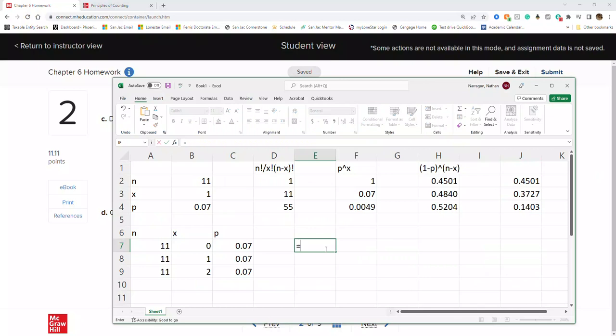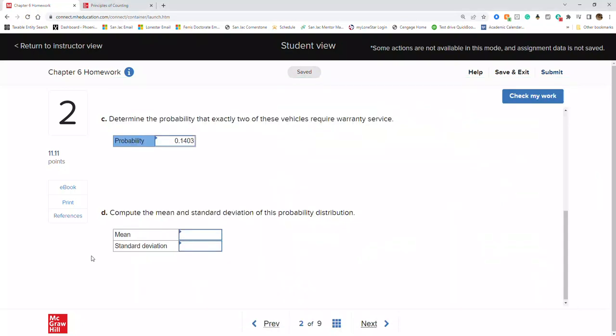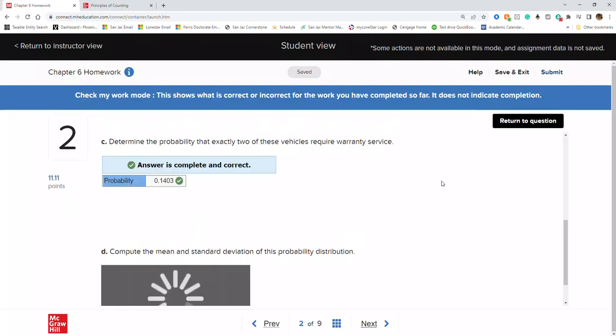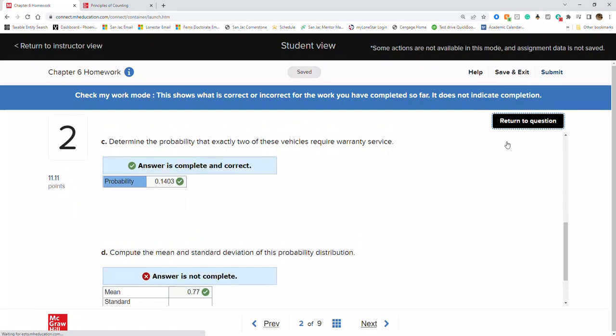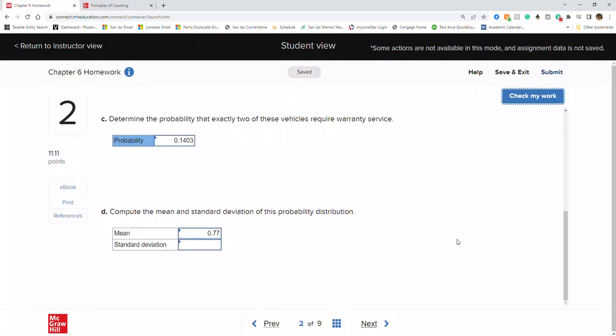So, here, again, I'll just have Excel do n times percentage. So 0.77. Again, check. We are correct. We can move on.